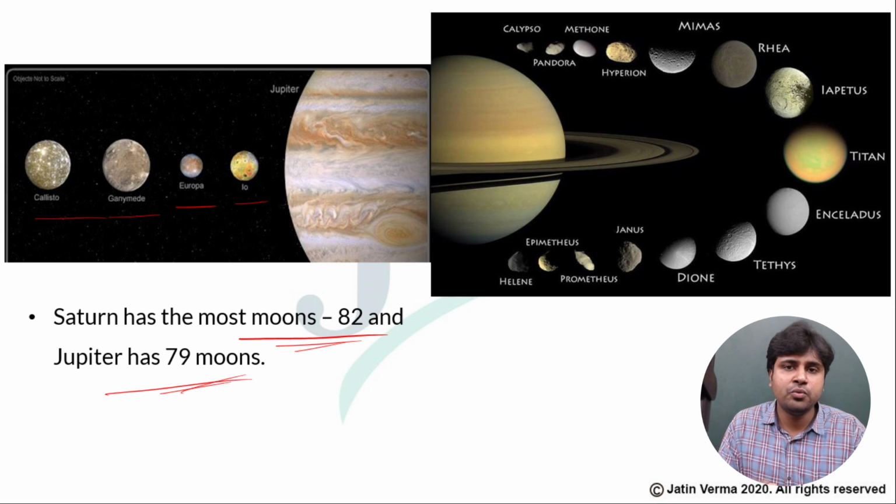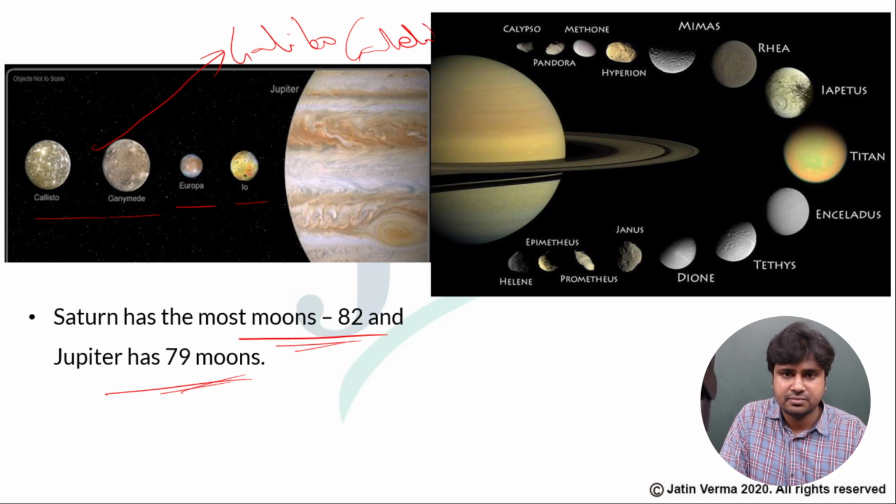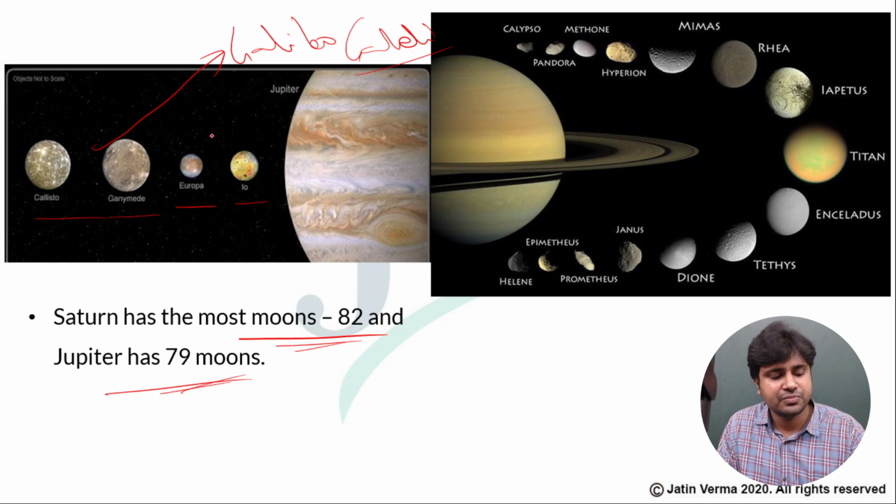These are the four largest moons of Jupiter, and they were first observed by a person called Galileo Galilei. So these are also called the Galilean moons. Galileo Galilei was an Italian astronomer. Using his telescope, he first observed these four moons. Clear?